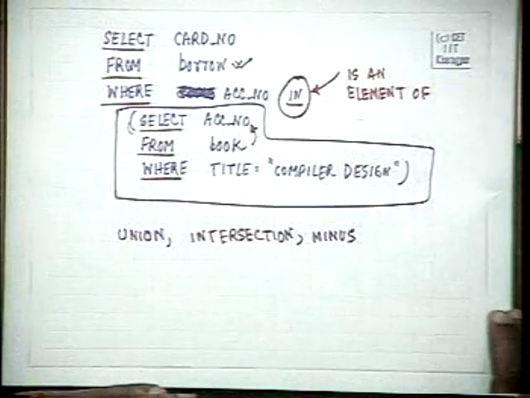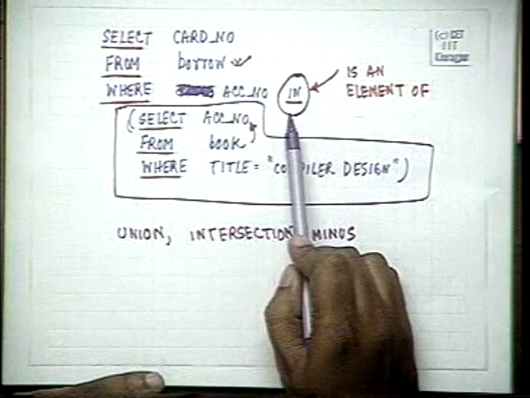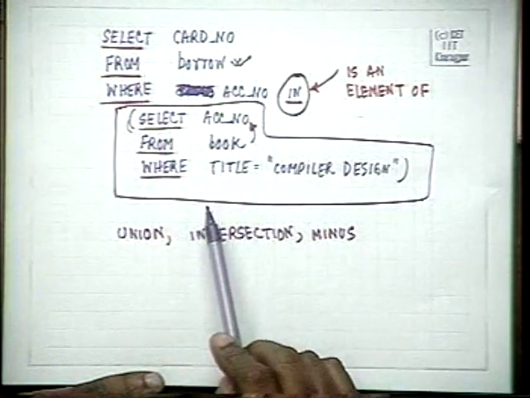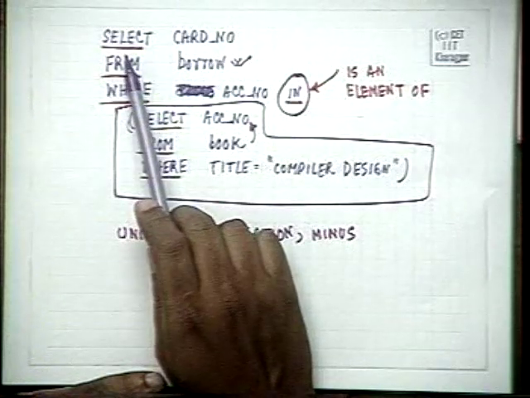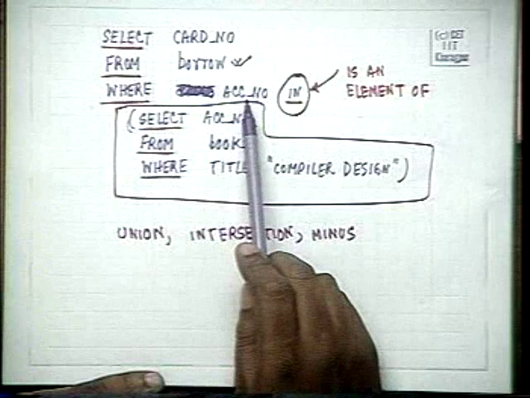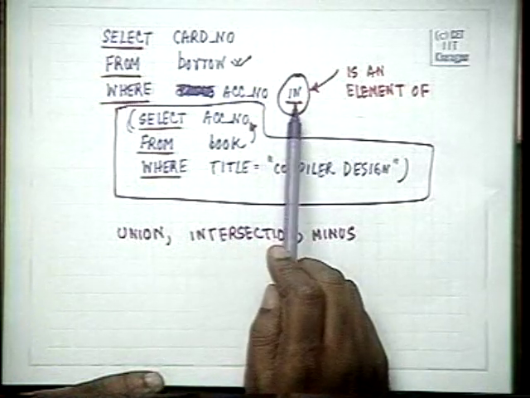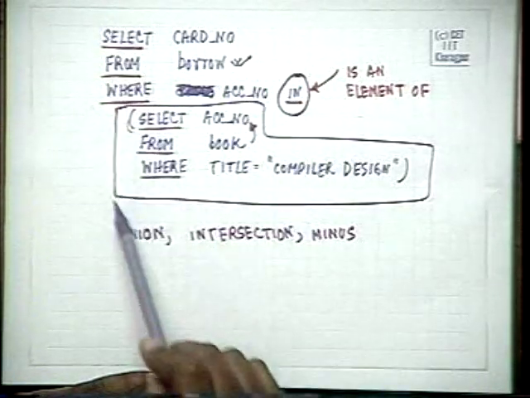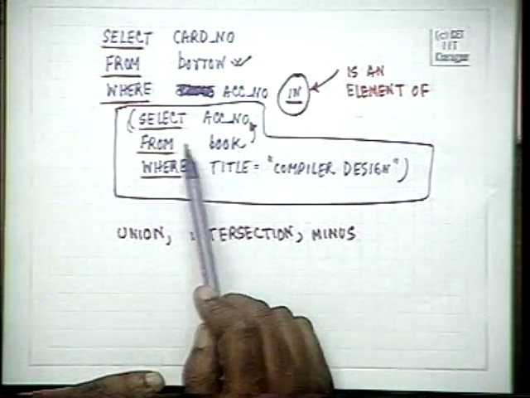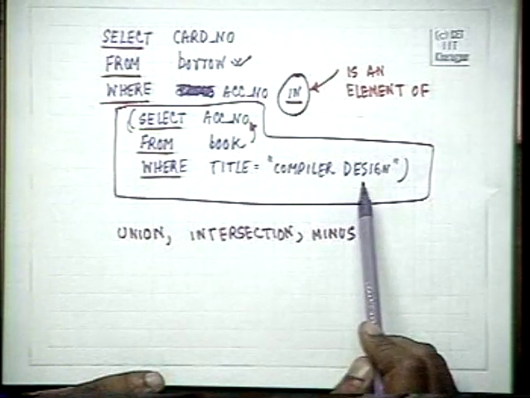We saw some other additional set operations, one of which was the in operation. In this case, it is select card number from borrow where accession number is in, that is, it is an element of this set, where this set is defined as select accession number from book where title is compiler design.